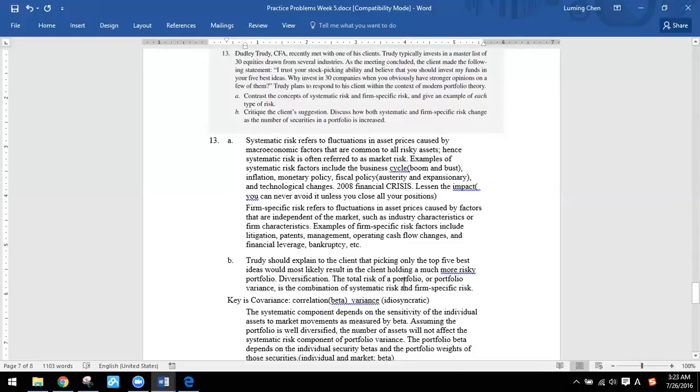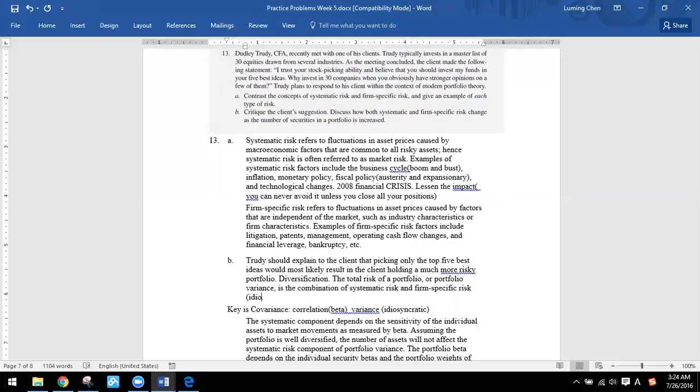And the total risk of a portfolio is the combination of systematic risk and firm-specific risk. The firm-specific risk is idiosyncratic.